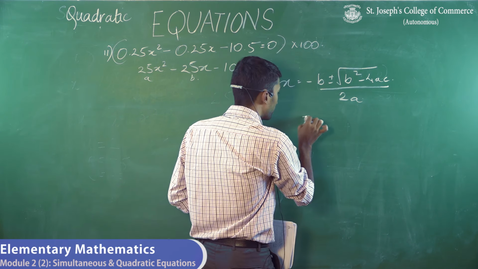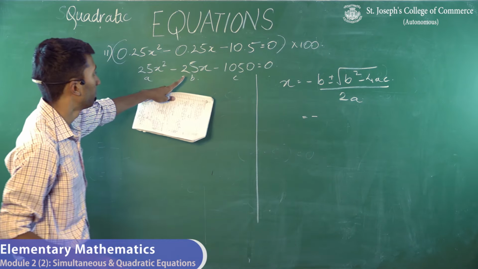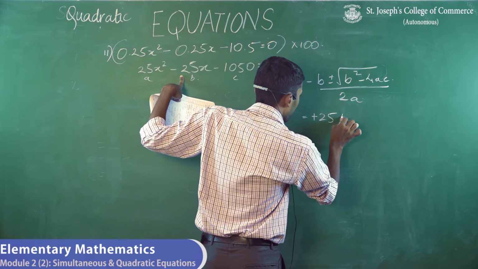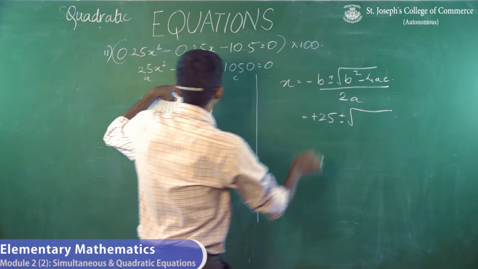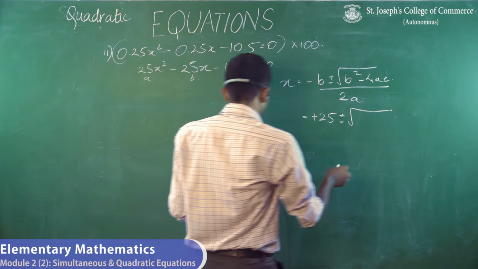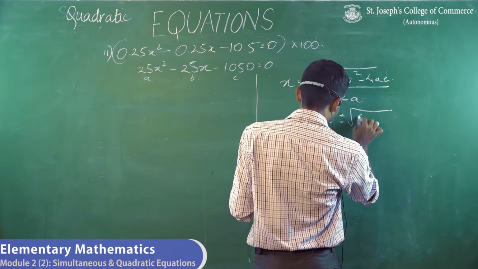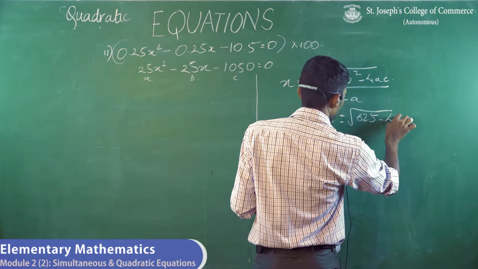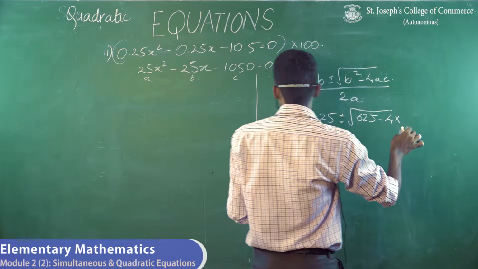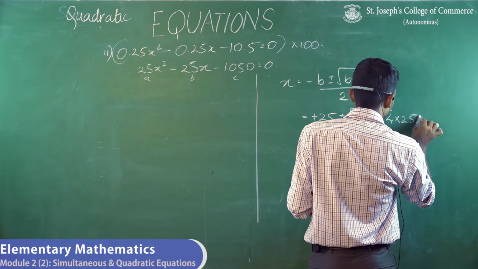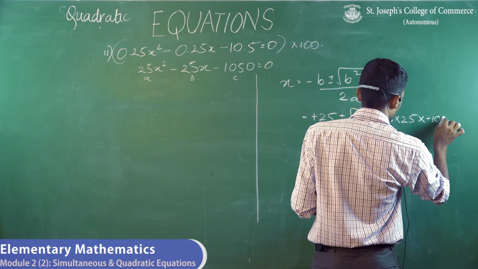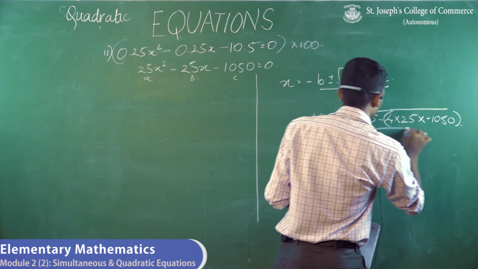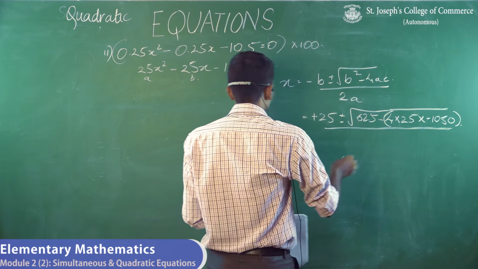So this is equal to minus of minus 25, that would be 25, plus or minus square root of b square, 25 square is 625, minus 4 into a, which is 25, and c is minus 1050, divided by 2a, so 2 into 25.